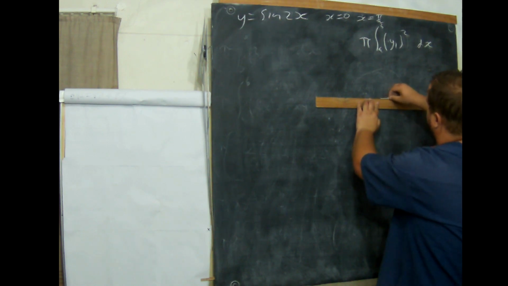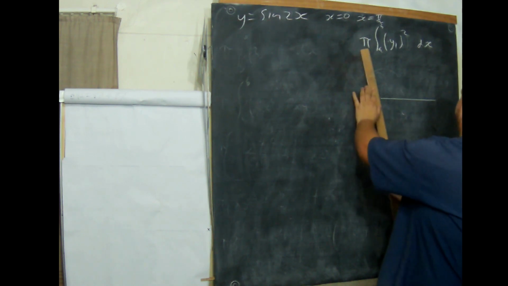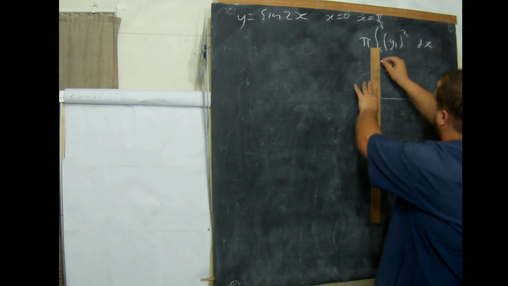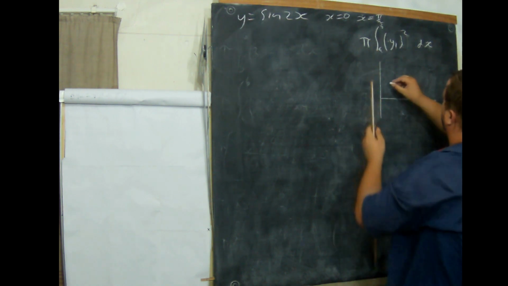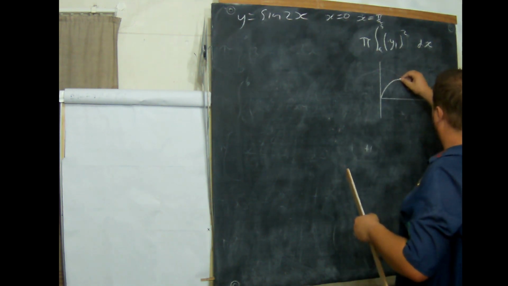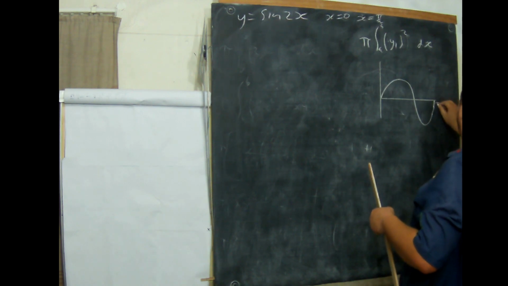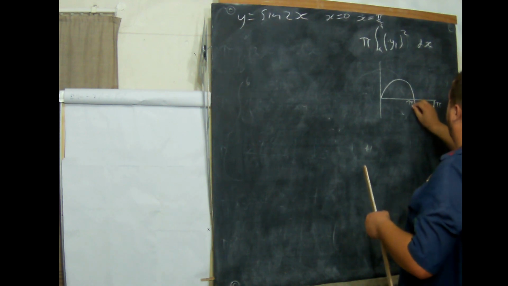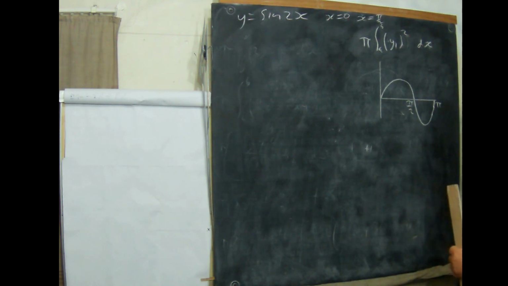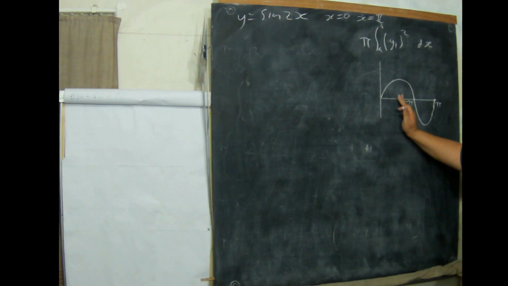So, for example, here is pi, and there is pi over 2. So what you're seeing here is that is pi over 2, and that is pi. So pi is at the end of the graph, pi over 2 is at the middle of the graph.